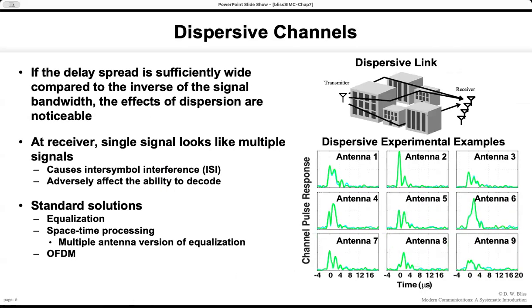So in the lower right, we actually have some examples of channel measurements. This was measured, signals transmitted from Boston and received in Cambridge, a bit more than a kilometer long link. It's a couple kilometer link.